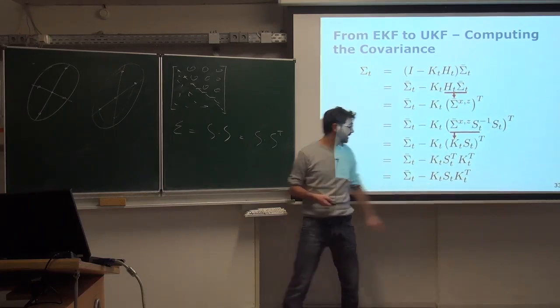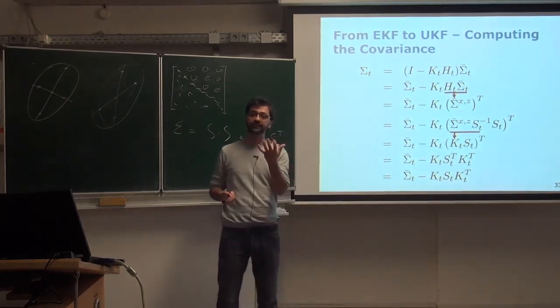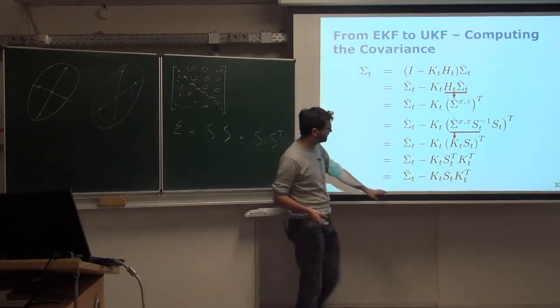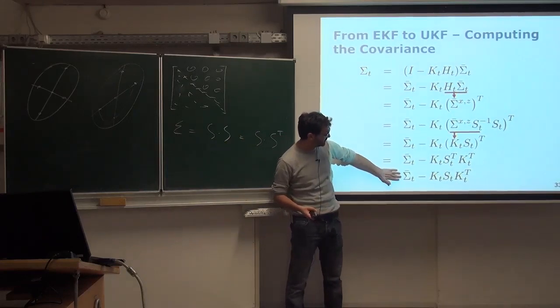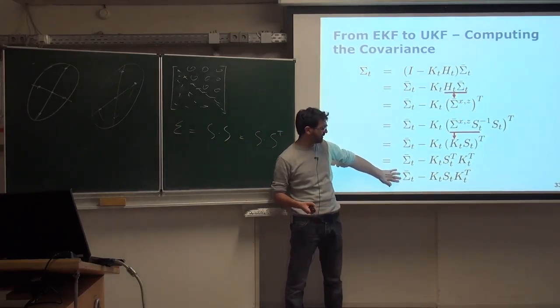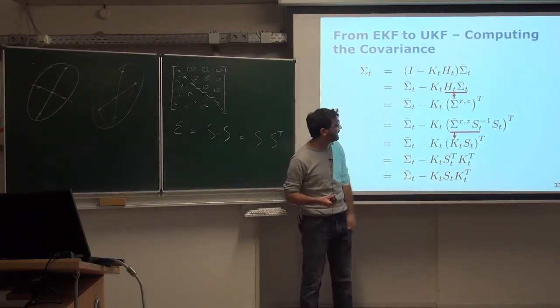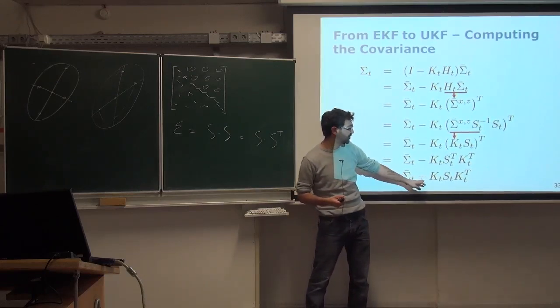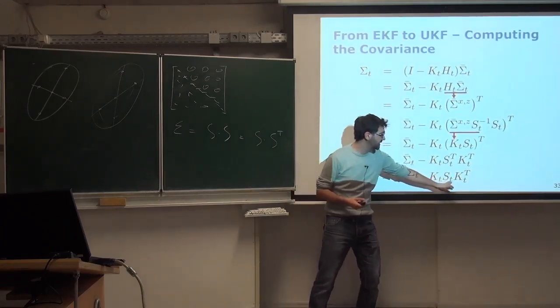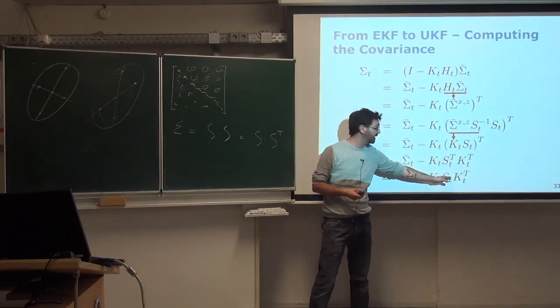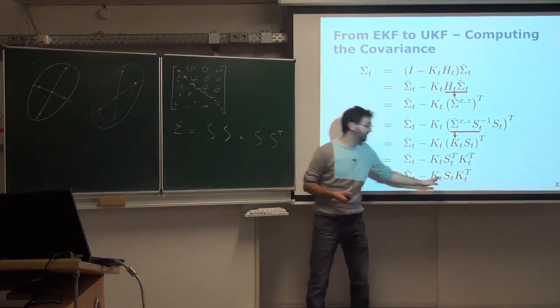This also has a very nice interpretation in terms of the information flow. This is the original covariance matrix before, so that's the amount of uncertainty I had before. And from this uncertainty, I subtract the information that I get from my observation, that's the meaning of S, multiplied by the gain.